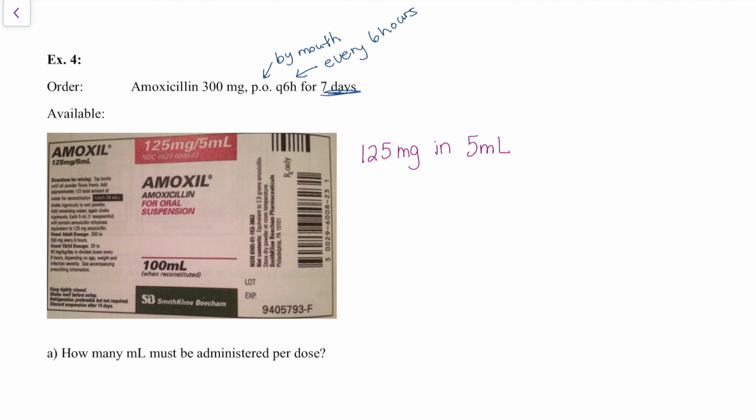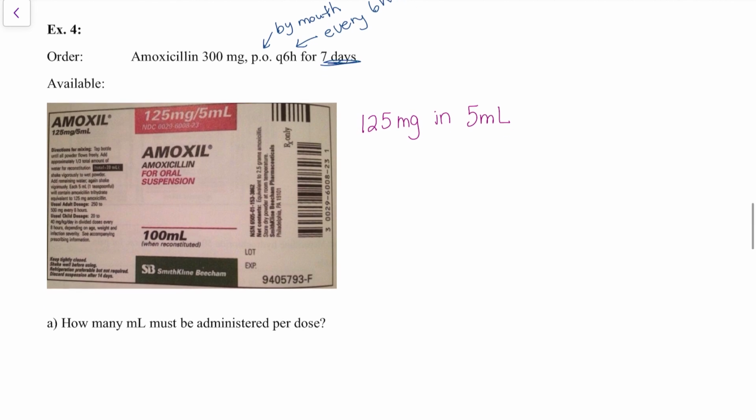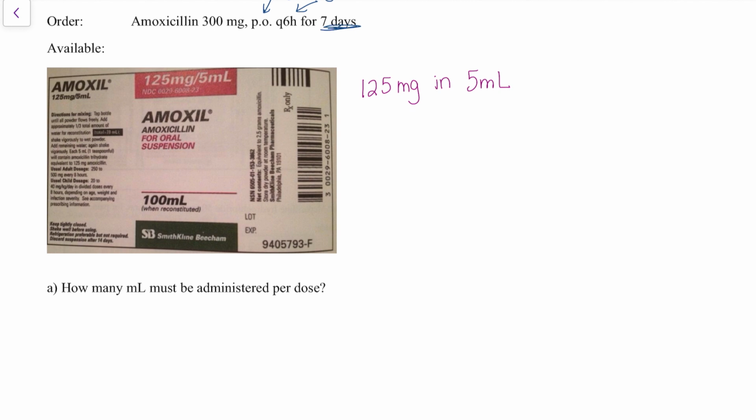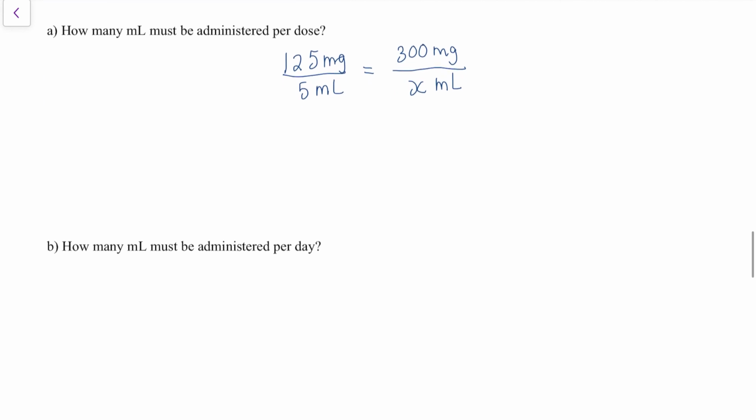Okay. So how many milliliters must be administered per dose? Let's look at our available to ordered. So available to us is 125 milligrams in 5 milliliters, and what is ordered is 300 milligrams, and we want to know how many milliliters. So I'm going to do my cross multiplication, and I get 125x equals 1500.